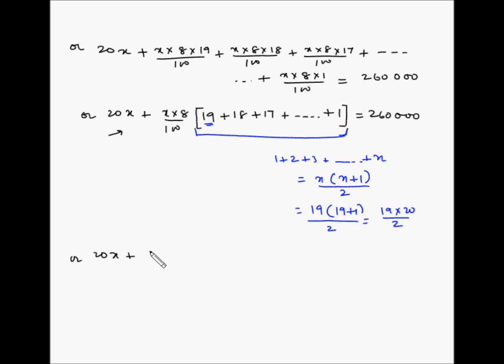20x plus 8x by 100 multiplied by 19 multiplied by 20 divided by 2 is equal to 260000. So now this is in multiplication, so we can cancel this 0 and this 0, and 2 cancels by 2, so this becomes 1, this becomes 1.